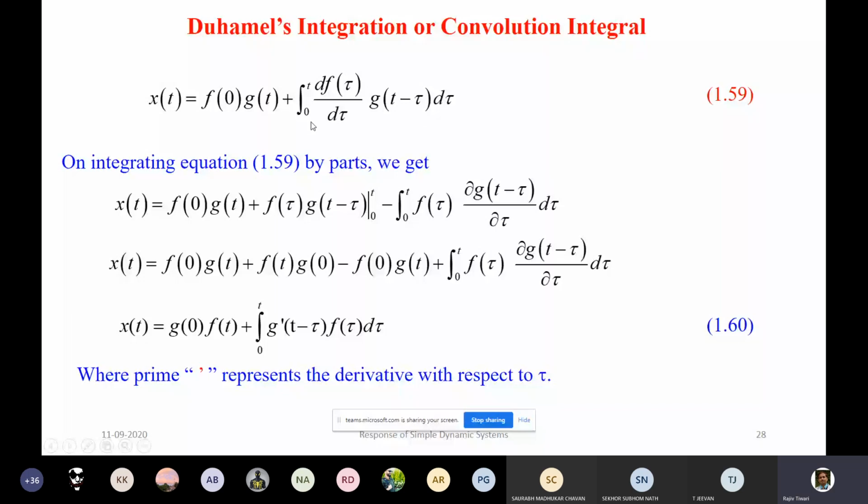Especially in the second term, we are doing integration by parts. The first term is as it is.